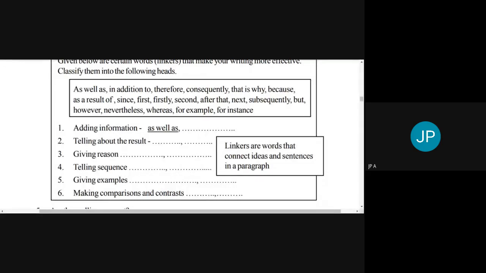The North suffers from extreme cold, whereas the South is, this is also used in a sentence.